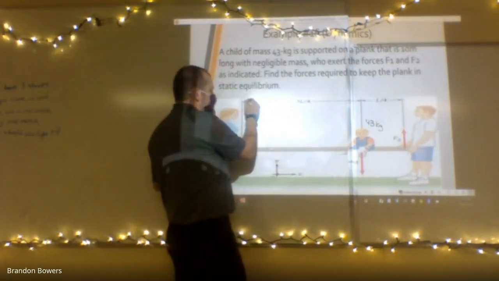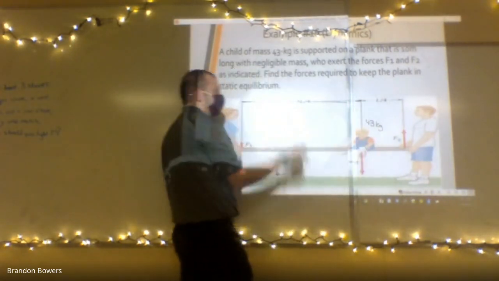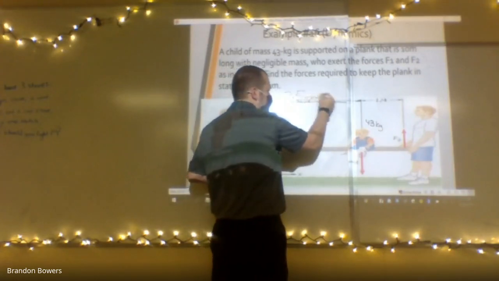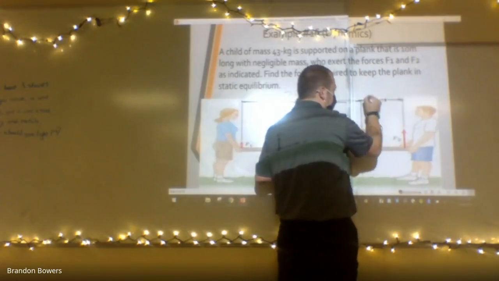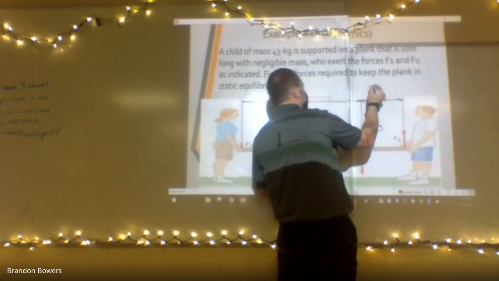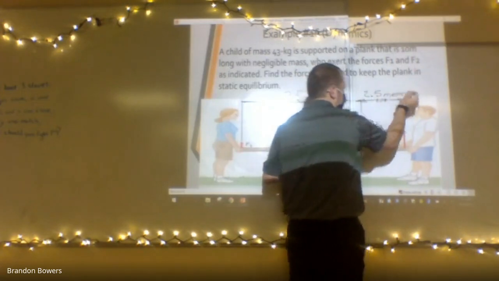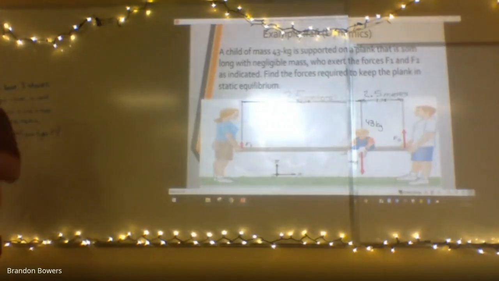So what is it from this to the kid? 7.5 meters. Let's write that. And what's the distance from here to here? 2.5. Does it make sense where I got those numbers?